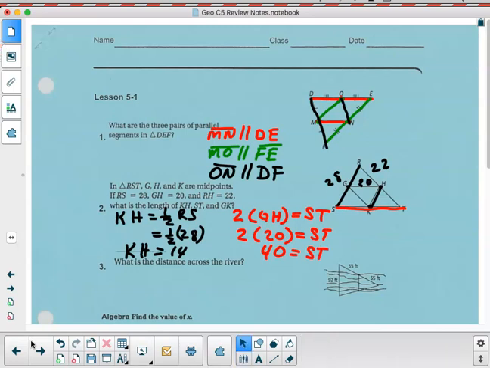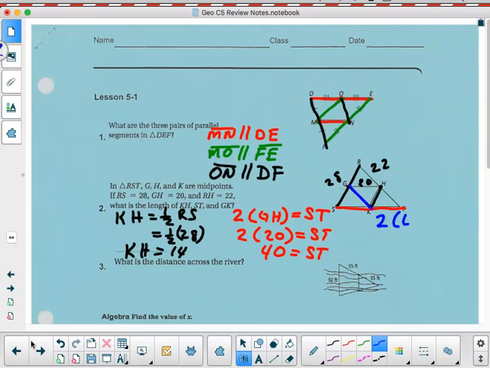My last one is GK. Now you've got to be careful: 2 times GK is going to be equal to RT. They have broken RT up into 2 parts.